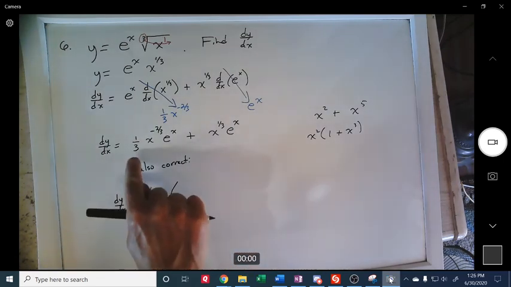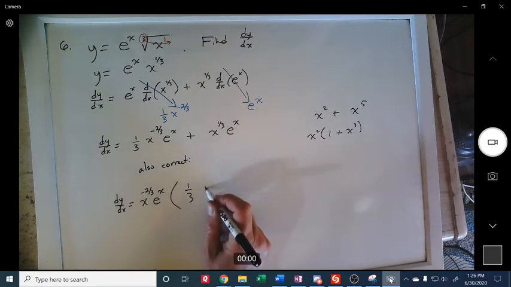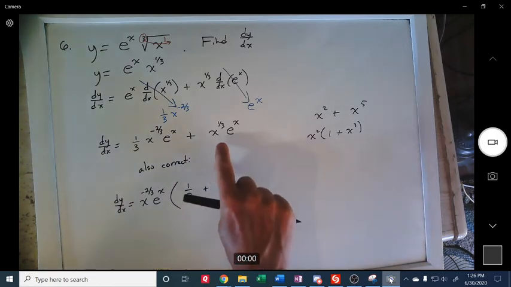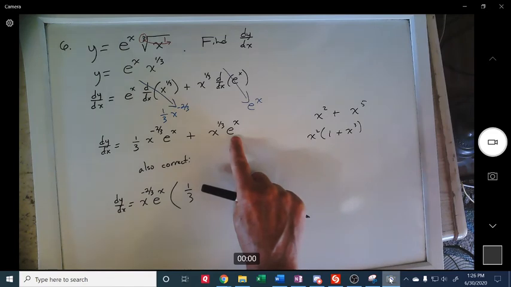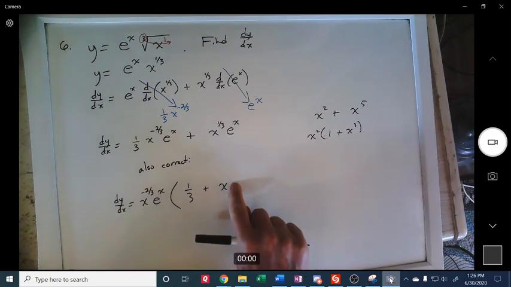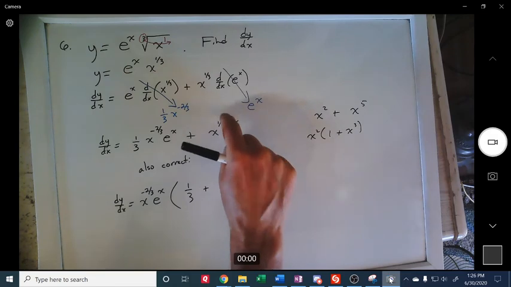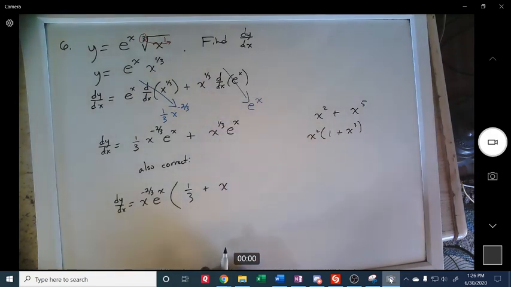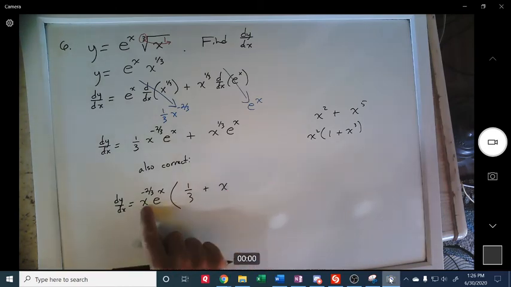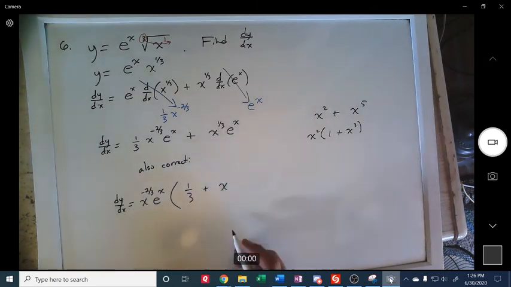Then, what's left over from this term? 1/3, because everything else has been factored out, plus, and then, now the e to the x has been factored out here. What must be the coefficient on this x so that when you add this to this, you get x to the 1/3? Well, because we'd add the coefficients if we multiplied these two together. This must be x to the first, because 1 minus 2/3 is 1/3.